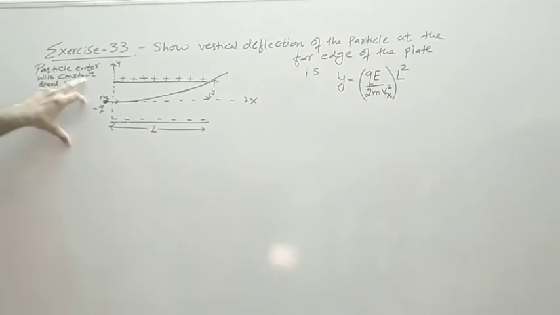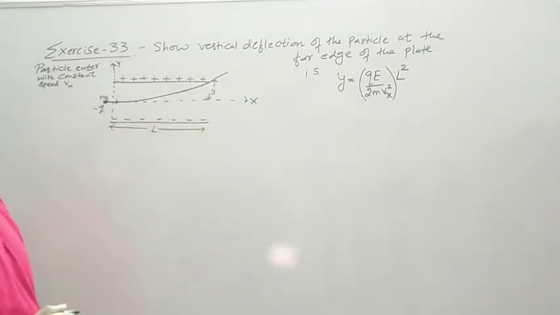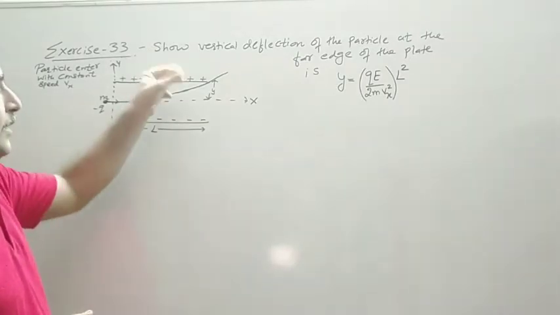Now it is given that the particle enters with a constant speed. Let us assume that when the particle comes out from the electric field, the time is t.